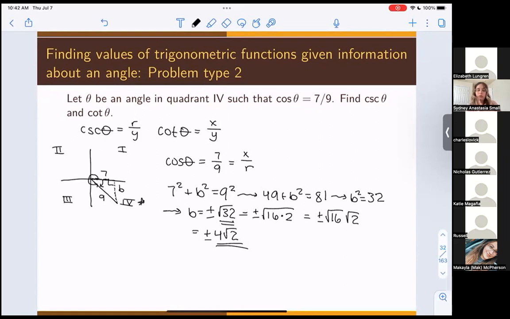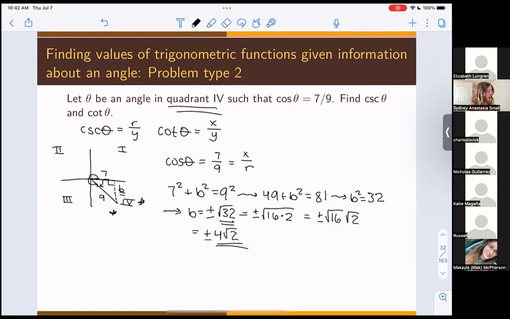However, is it positive 4 square root of 2 or negative 4 square root of 2? Well, that's where the information of what quadrant we're in comes into play. The cosine of theta could be 7/9 in either this quadrant down here, or it could have been 7/9 in quadrant 1. However, because we know we're in quadrant 4, we can see that we have a negative y value. We have a positive x value and a positive radius, because the radius is always positive.